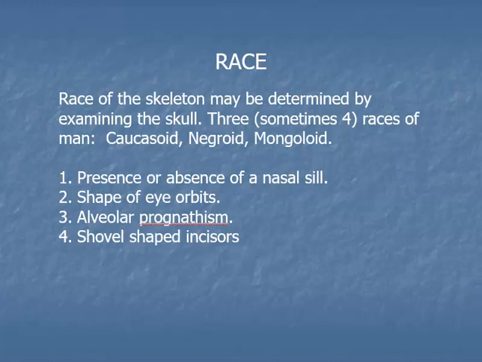But if the teeth protrude further forward than the nose and chin, this is called alveolar prognathism, and that would be the result of either Negroid or Mongoloid race. If you don't have the protrusion of that alveolar prognathism, then that would be the result of a Caucasoid.